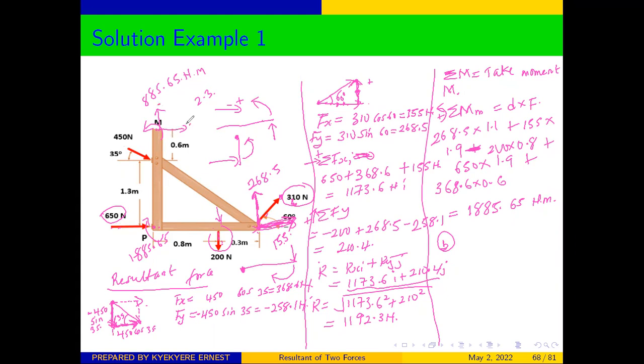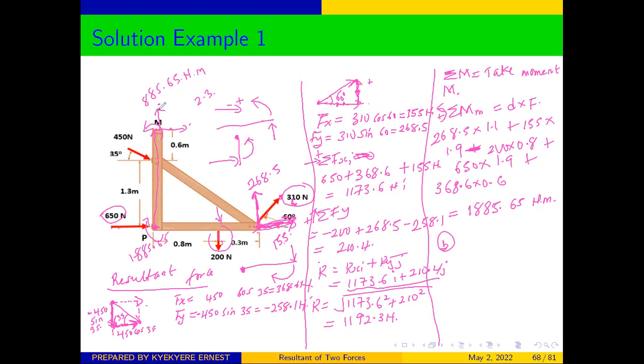We said that once a force moves from its line of action to a new point, we need to add a corresponding moment. So if you want to move the S component and the Y component of the resultant force to point P, because we are moving them from their line of action, we should get another moment equal to the force times the distance from this point to the original point where the forces were.